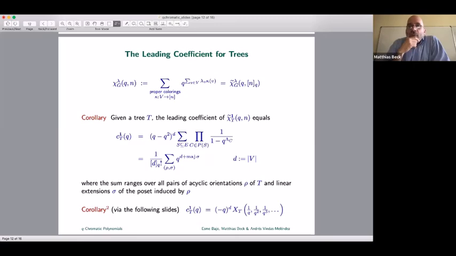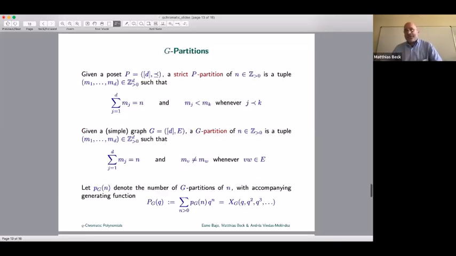Okay, the last thing I want to talk about is, if you look at the second formula for this leading coefficient, and you've worked with P-partitions, then this looks very familiar. That suggests the following generalization or analog in the world of graphs that I'm not sure has been around, but okay, we'll make it.